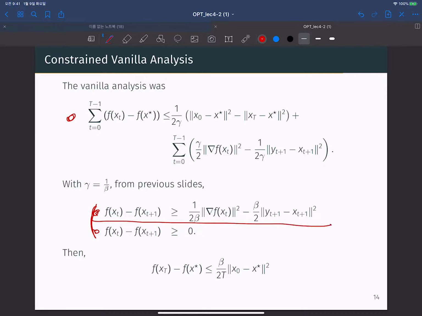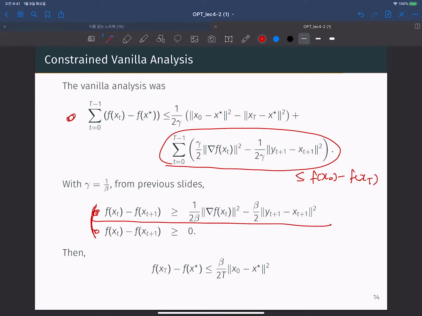From this part, we can upper bound this one by f(x_0) minus f(x_T). And from this property, we can guarantee f(x_t) always has a better function value as we do more iterations.